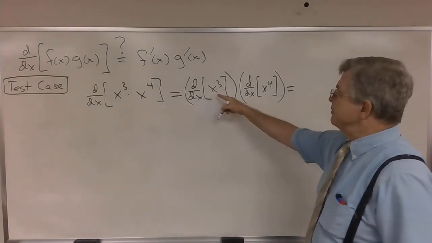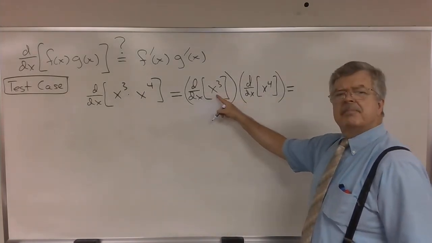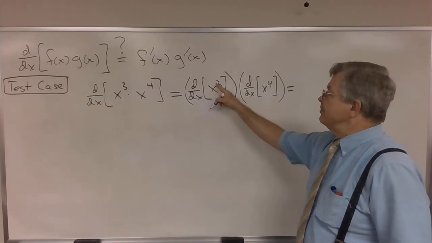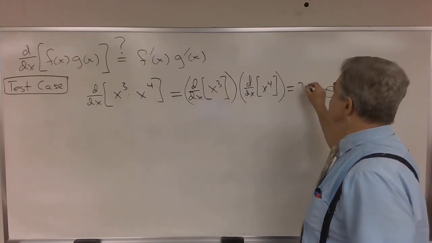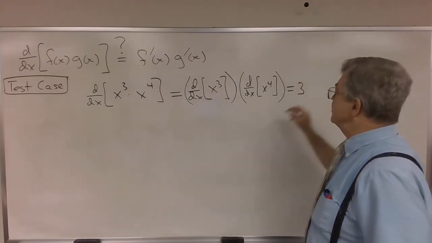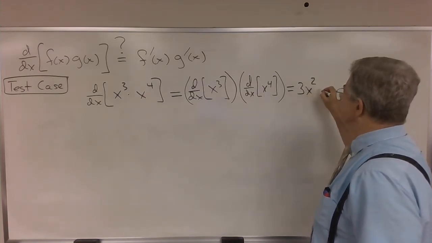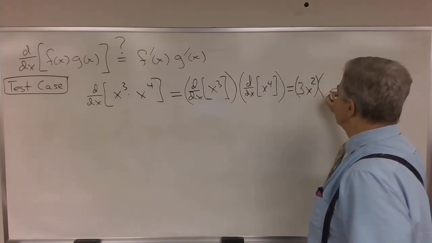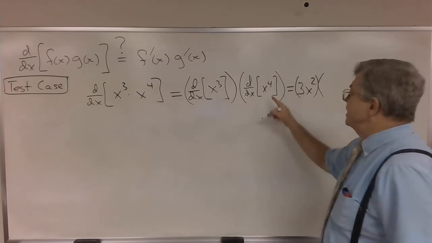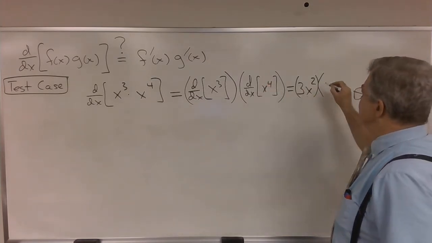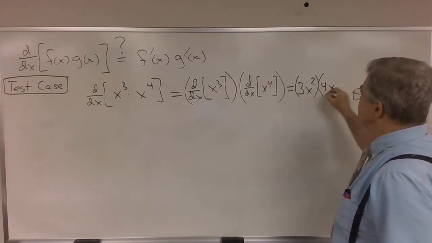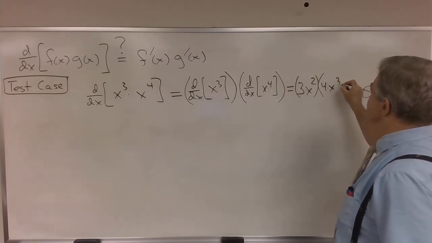So let's see, the derivative of the first function, the power rule tells us bring the exponent down front and then subtract 1 from the exponent. And here, bring the exponent down front and subtract 1 from the exponent.